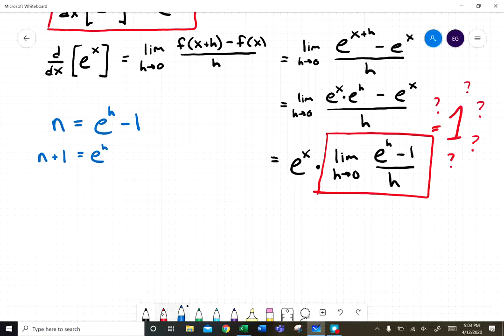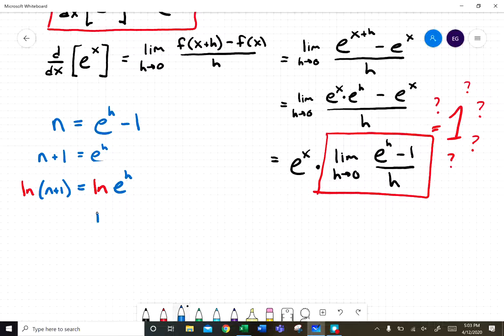And now, if we take the natural log of both sides, ln of n plus 1 equals ln of e to the h.